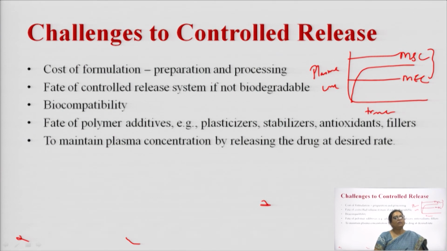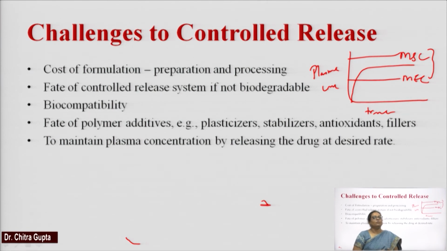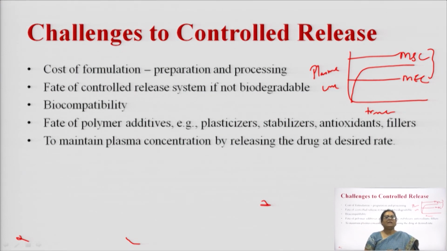We said a controlled drug delivery system is that delivery system which is able to control the rate of release of the drug from the dosage form, and this is accomplished by designing such dosage forms which will release the drug at a slow rate and maintain the therapeutically effective concentration of the drug in the plasma. Thereby they will eliminate the frequency of drug administration and the need for multiple dosing. Hence, they will lead to better patient compliance, and as a result they will lead to safe drug usage as well.